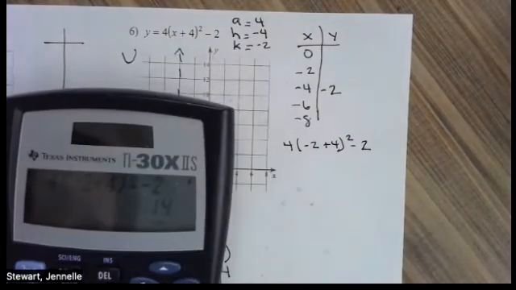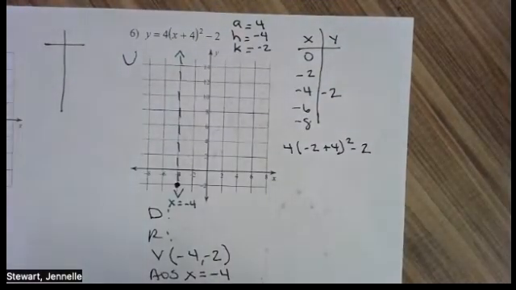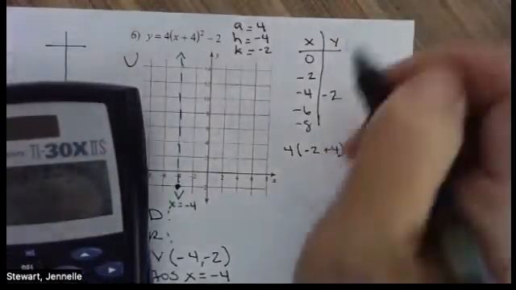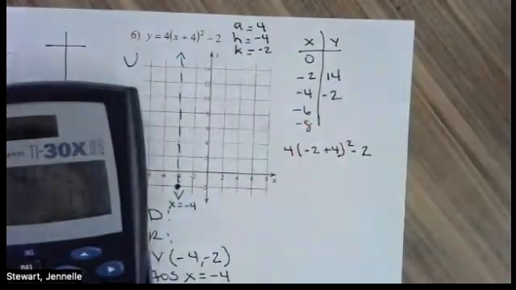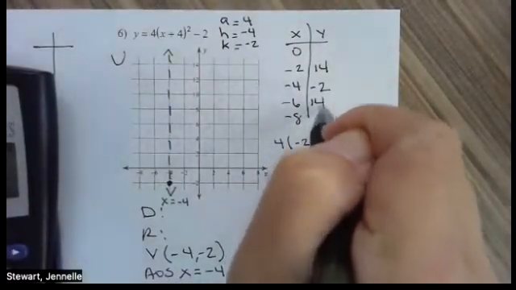And the answer is 14. Is that right? Did you guys get 14? Yeah. Okay. That means negative 6 should also be 14.